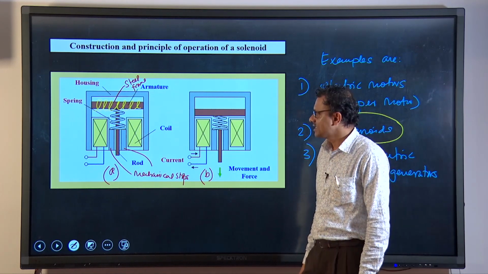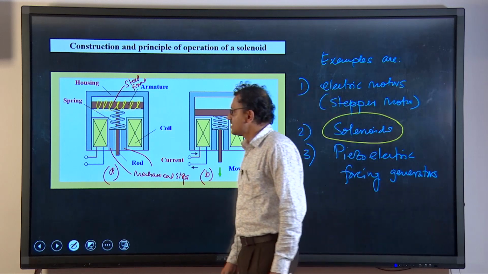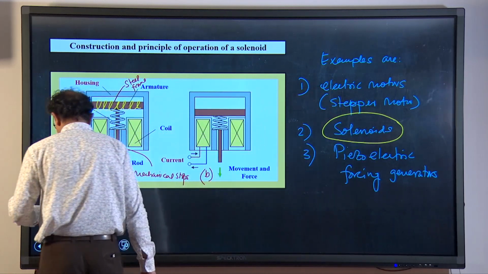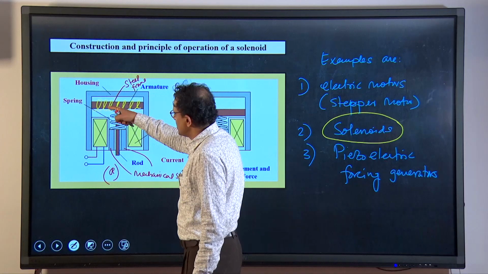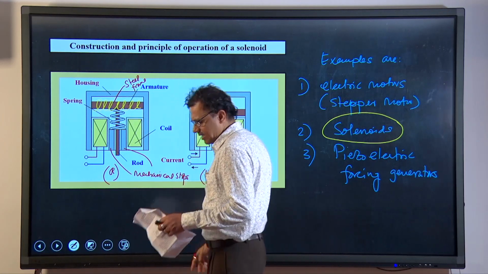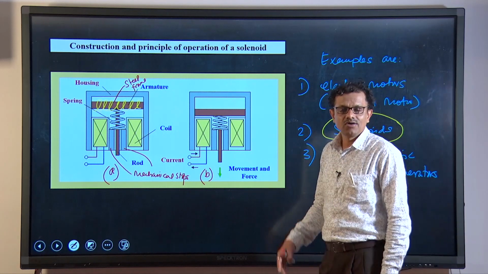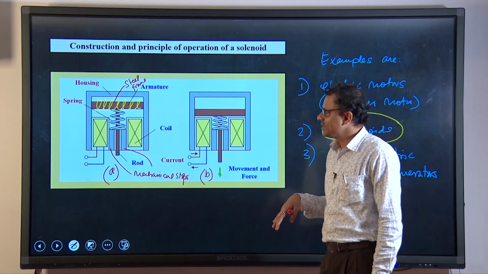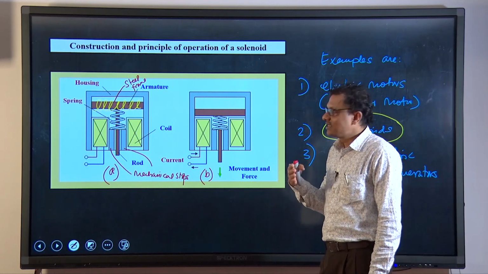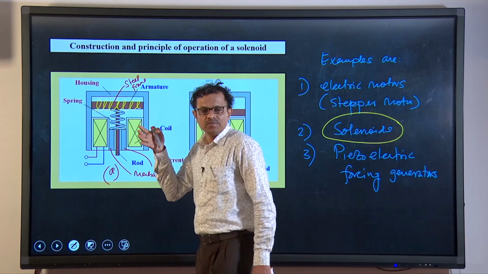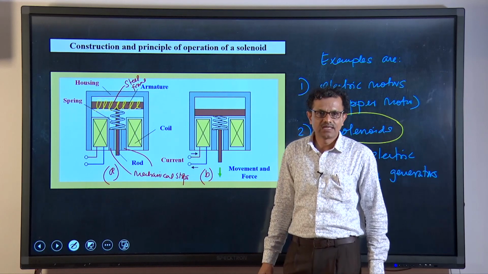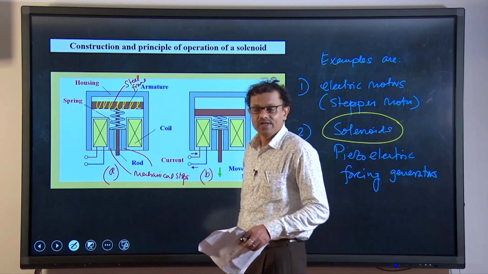Let me repeat once again. A coil is wound around the steel frame, and this allows this entire part to become a strong, rather powerful electromagnet.